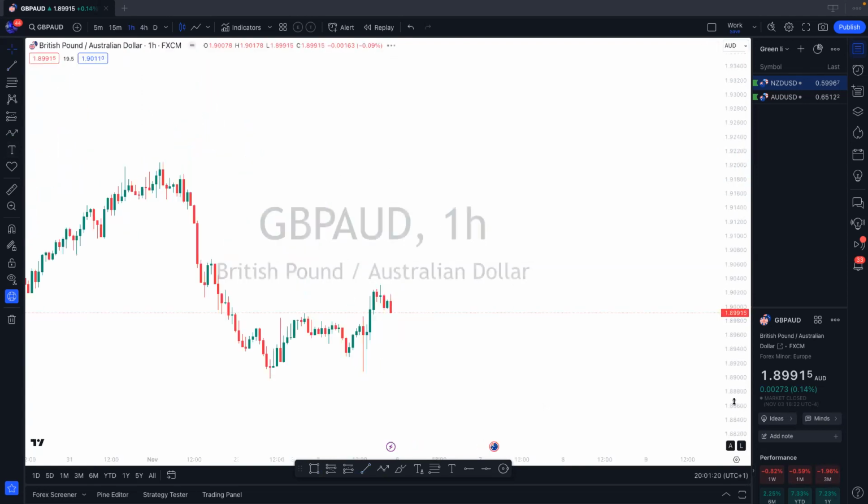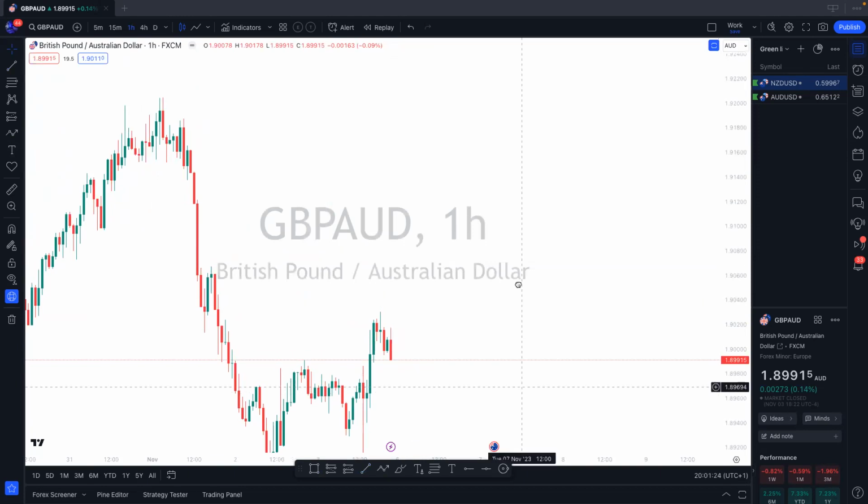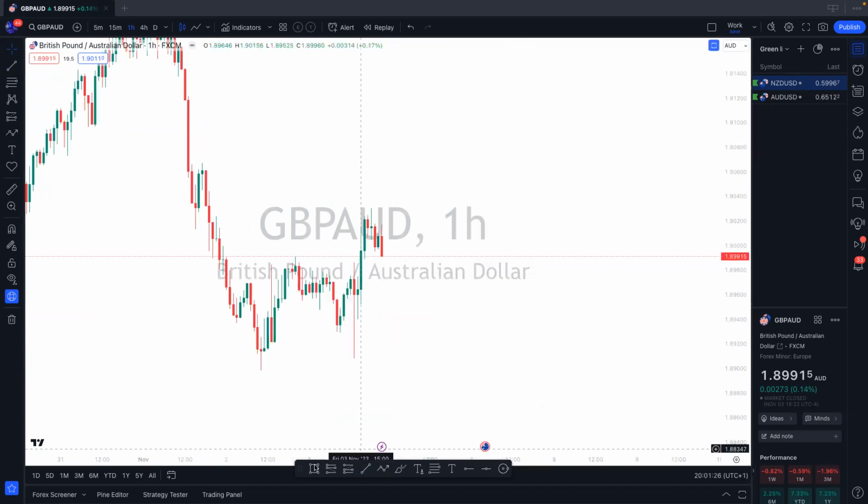Now, what can we see on the 1 hour time frame? If you look at it now, you can see what I was talking about. Price created a lower low.